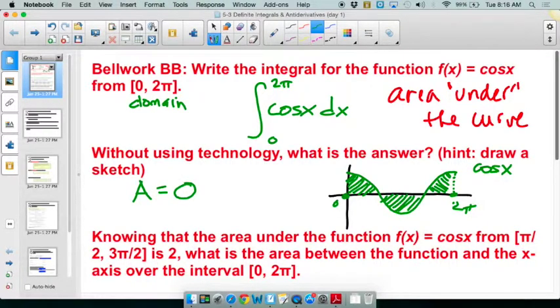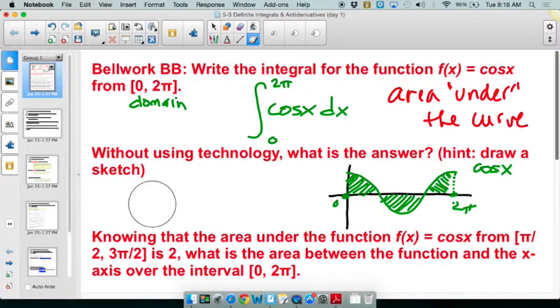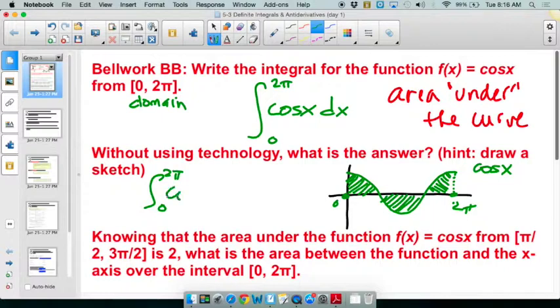Okay, so let me actually correct that a little bit. So that integral of cosine x dx from 0 to 2 pi equals 0. Why does that value equal 0? Yeah, exactly.